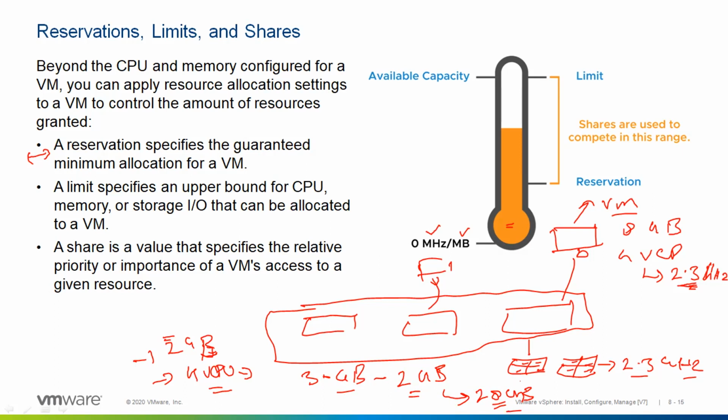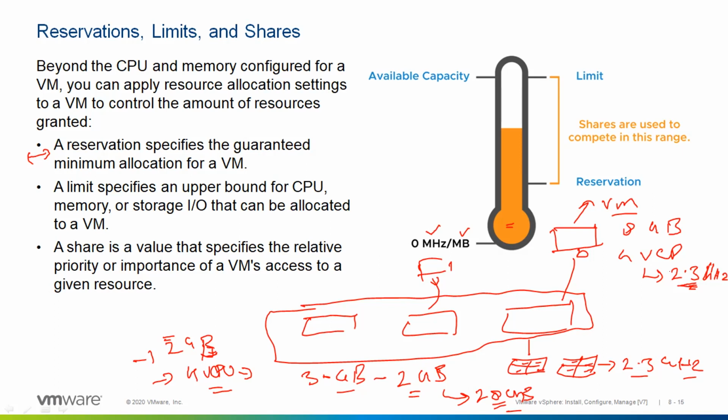A limit specifies an upper boundary of CPU, memory, or storage that can be allocated to a virtual machine. So limit is the maximum cap. The VM cannot go beyond that capacity. How much maximum limit can we set? Up to the available capacity.